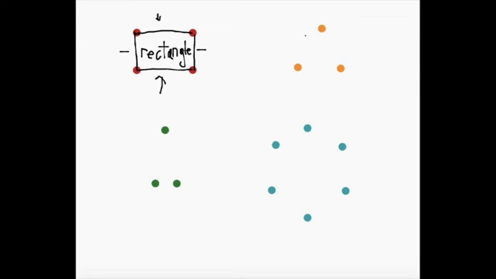All right, it has 1, 2, 3 dots, which means it's going to have 1, 2, 3 sides and 1, 2, 3 corners. It has 1, 2, 3 sides.